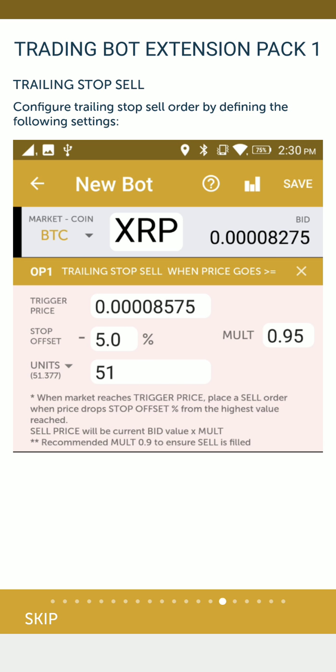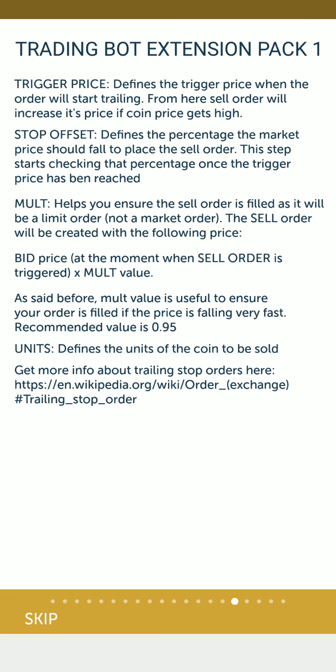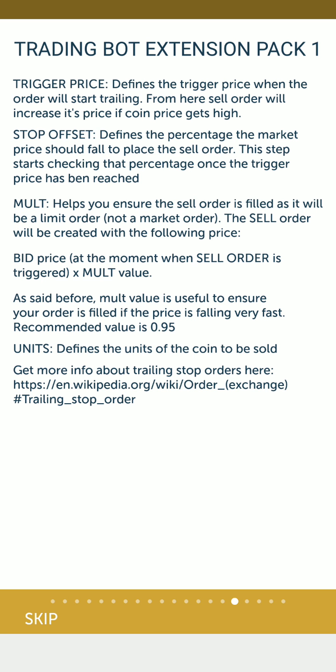Now, this is where we get into the extension packages, what I do not have on the Binance app or the Bittrex app, which is your trailing stop loss, stop offset.